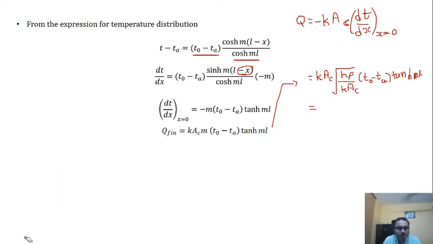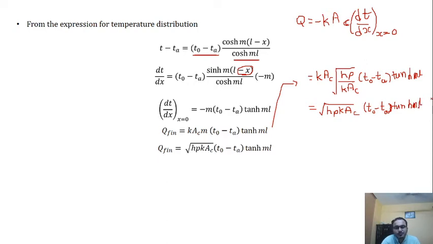So based on the mathematics, what we will be getting is square root of hPkAc (T0 minus Ta) tanh mL. So the same thing is obtained over here.